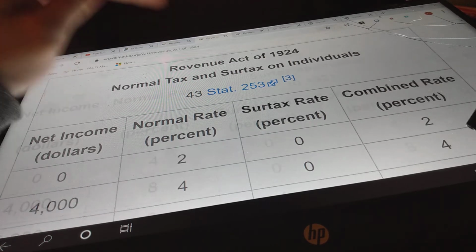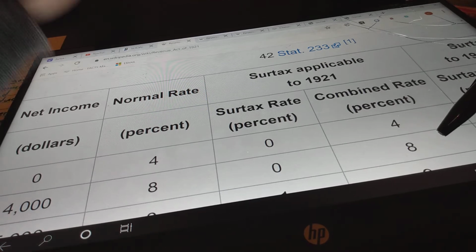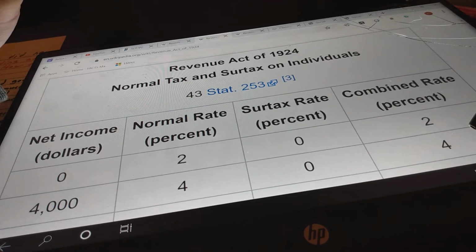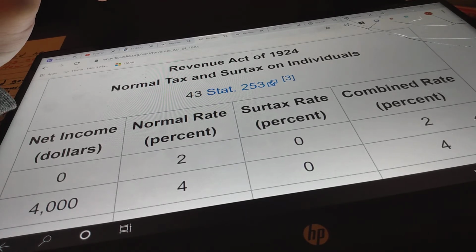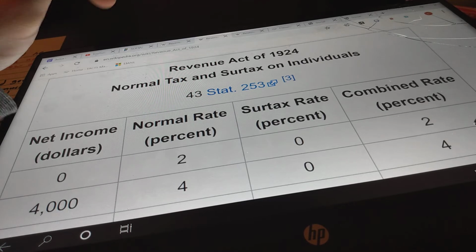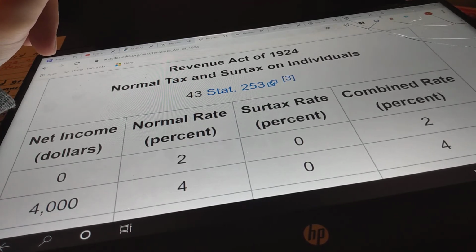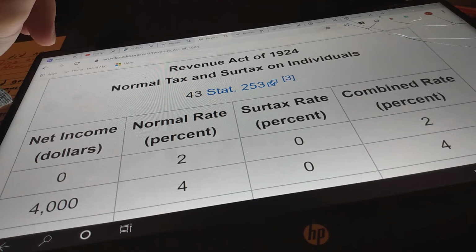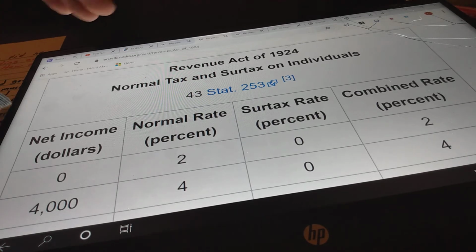In 1921 it was 8%, and in 1924 it went to 4%. So their tax was cut in half. What's half of 8? 4. You take 4 away from 8, you get 4. That is showing the idea that people are now getting to keep more of their money because their taxes are being lowered.